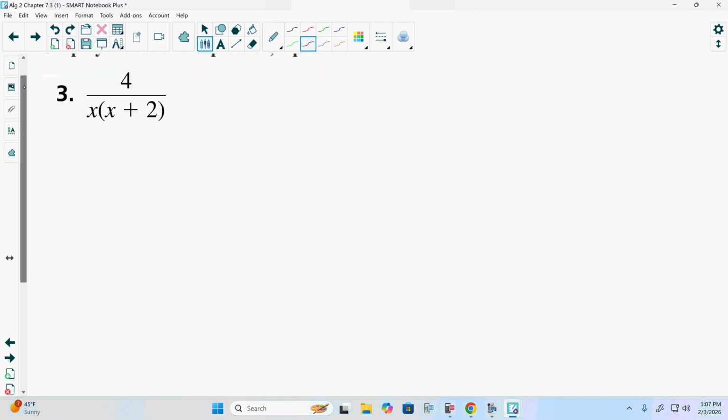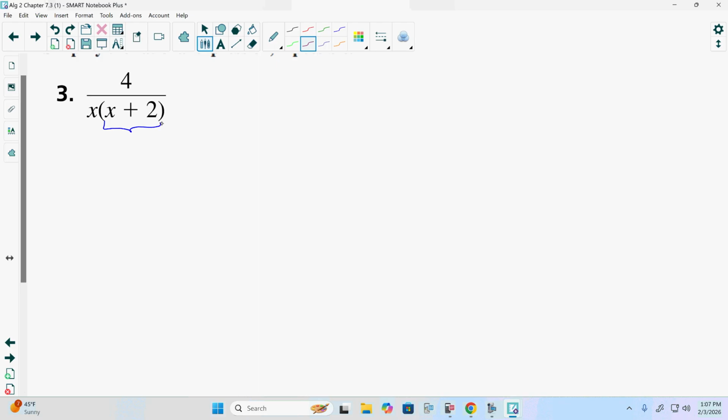So we look at this here, 4 over x times x plus 2. We want to see, is there something in common on top and bottom? Now the default, and it happens time and time again, we say 4 and 2. The 4 on top and the 2 on bottom are in common. We can simplify those out. But unfortunately, x plus 2, they're stuck together.